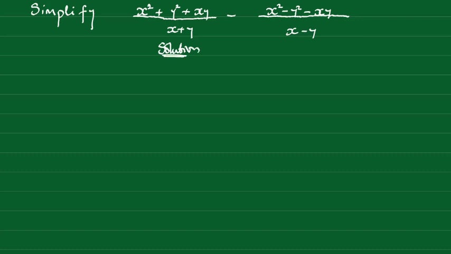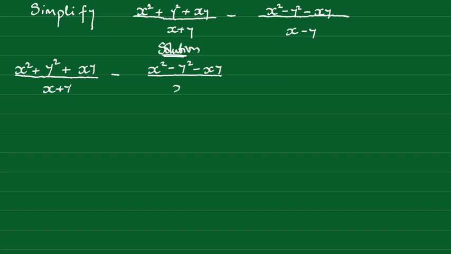Next, we copy out our expression: x squared plus y squared plus xy divided by x plus y, minus x squared minus y squared minus xy divided by x minus y.